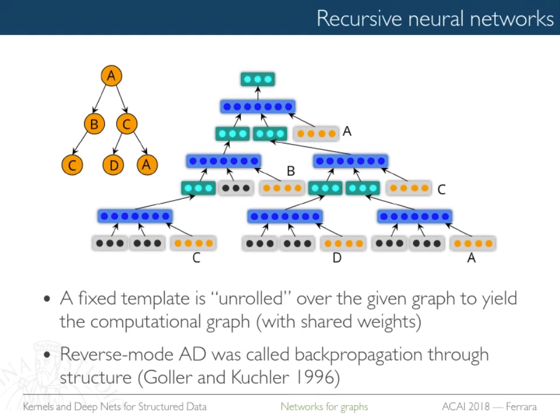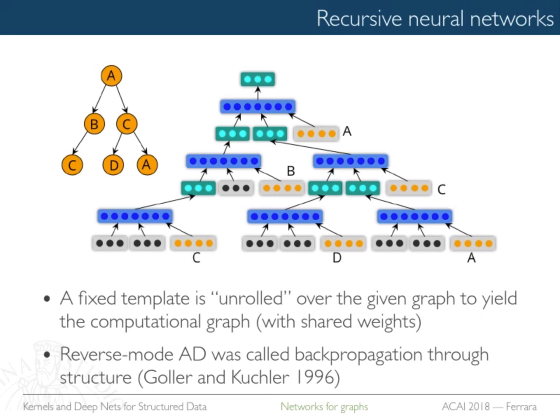But this is what? It's just a computational graph, right? So to do the gradient here, what do you do? I mean, at the time, they even had to invent a special name. They called it backpropagation through structure.